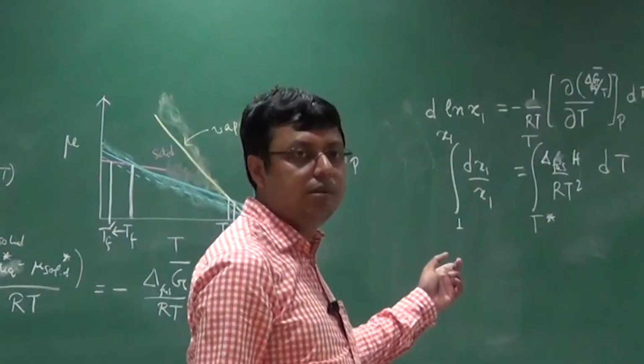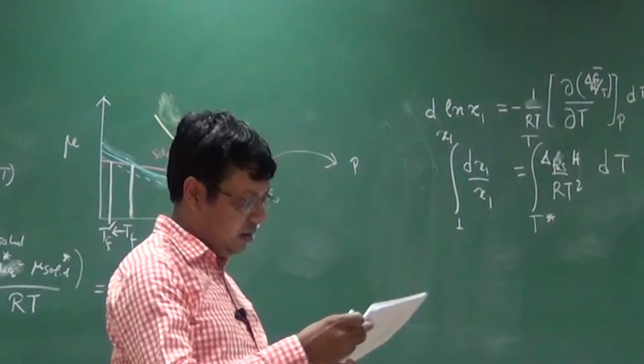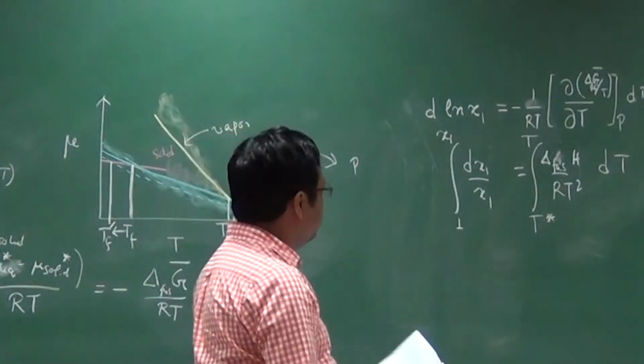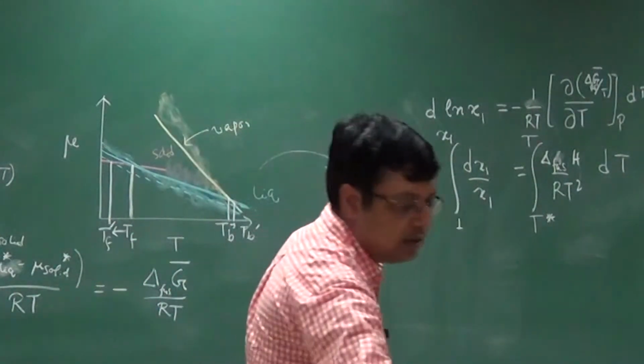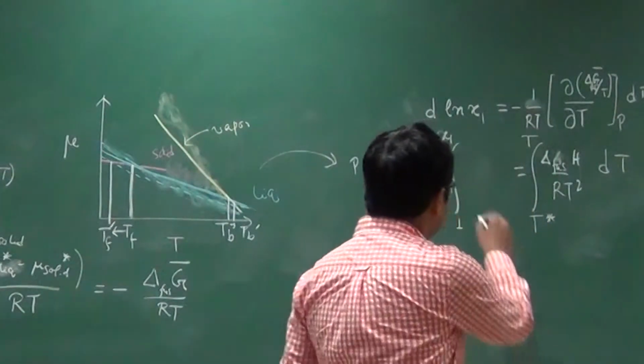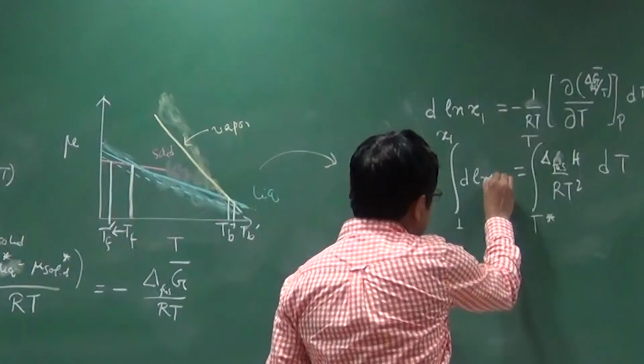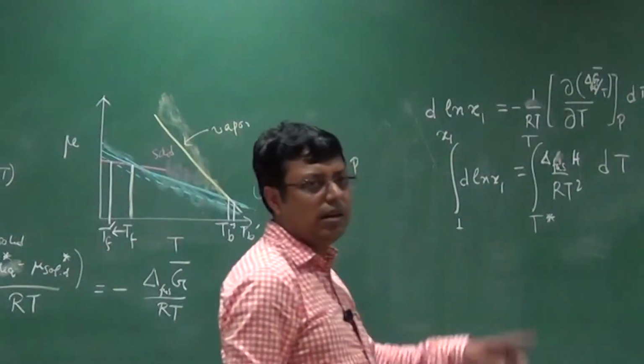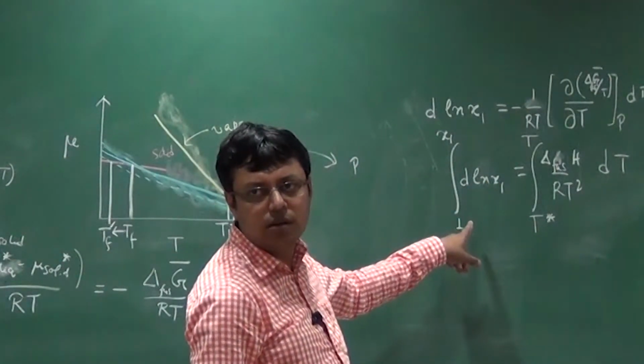The lower limit will be 0 here, as you can see. We could have actually just integrated like this, just keeping it as d ln x. So the integrand is just ln x1.